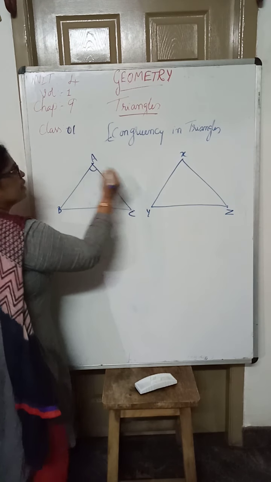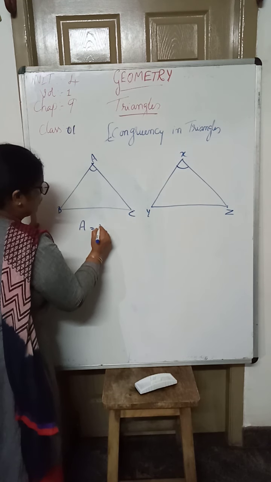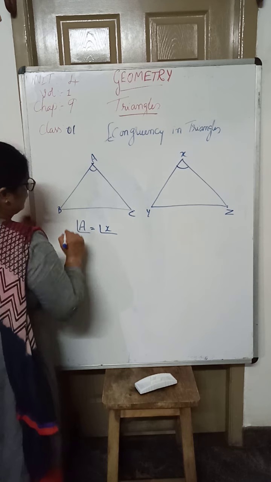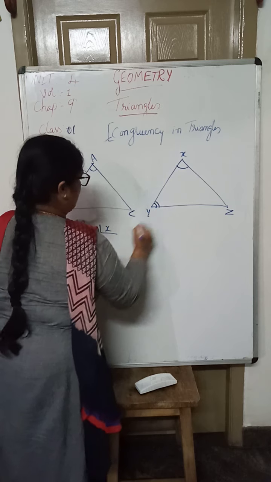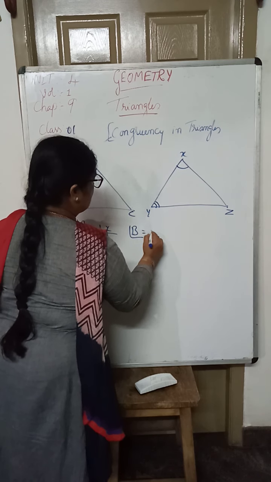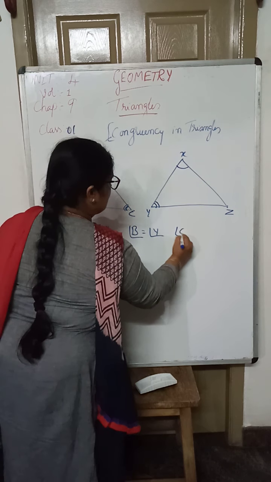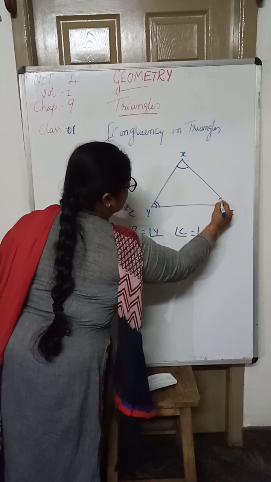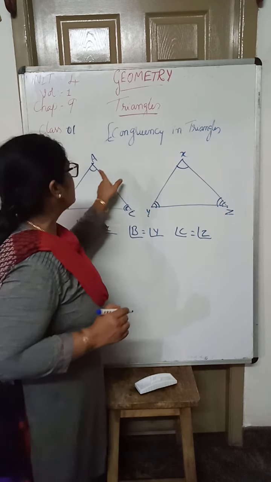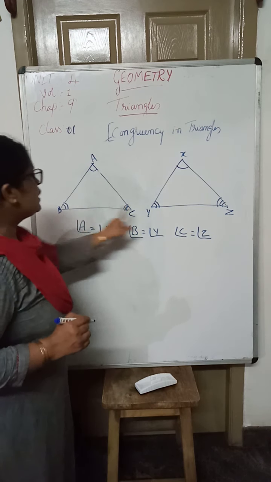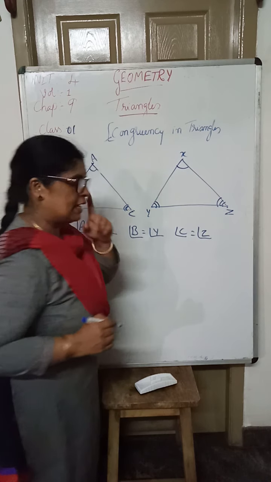Here angle A is equal to angle X, marked with a single arc. Angle B is equal to angle Y, marked with a double arc. Angle C is equal to angle Z, marked with a triple arc.